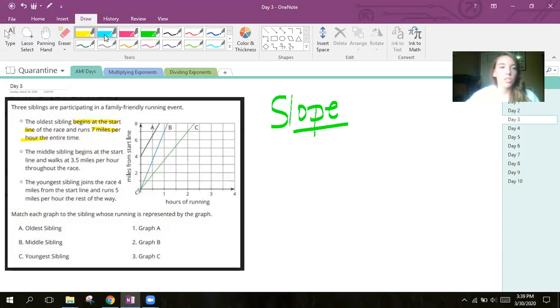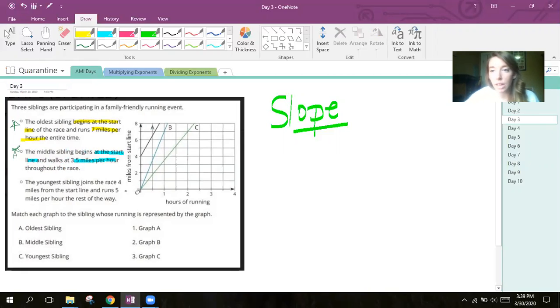Okay, so let me change colors. Then it says the middle sibling begins at the start and walks at 3.5 miles per hour throughout the race. So these 2 siblings right here are starting at the same point.